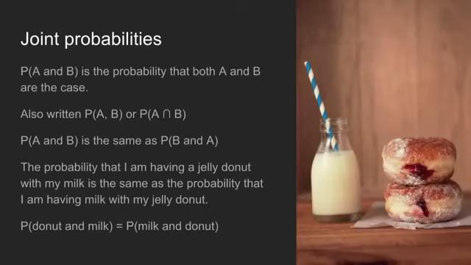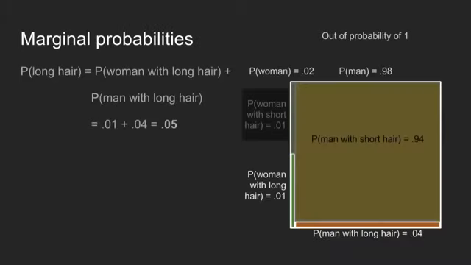Joint probabilities are different than conditional probabilities. Here, the probability that A and B is the case is the same as the probability that B and A is the case. So the probability that I'm having a jelly donut with my milk is the same as the probability that I'm having a milk with my jelly donut. These two situations are identical, so we can swap the order. And finally, concept 3, marginal probabilities.